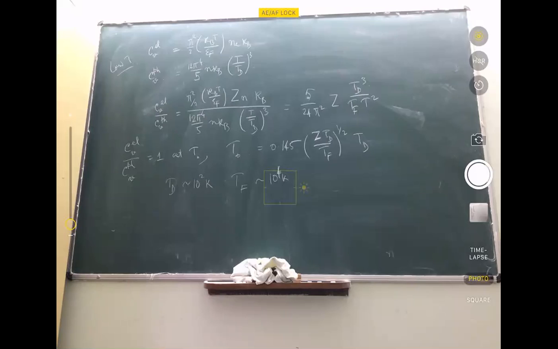If you can extract out the phononic part, then you would get a linear T behavior. However, as T exceeds T naught, the electronic contribution becomes smaller and smaller, and it's dominated by the phonon contribution, which is not proportional to T anywhere.